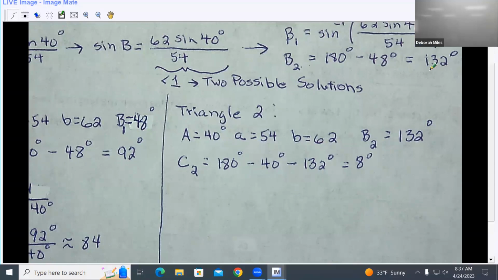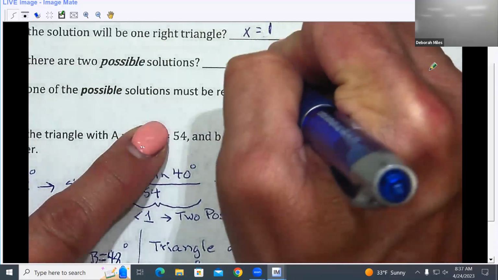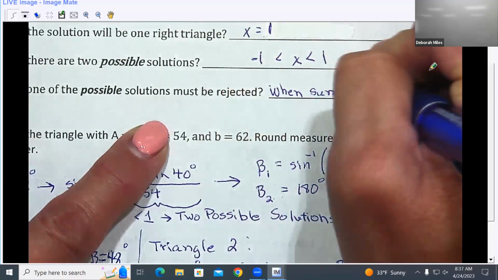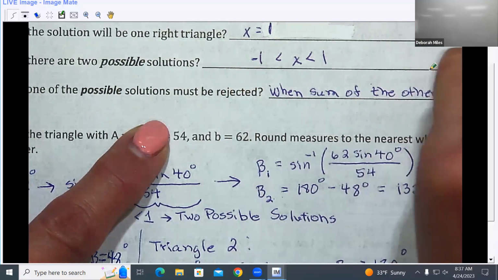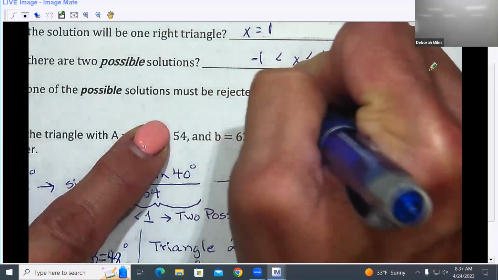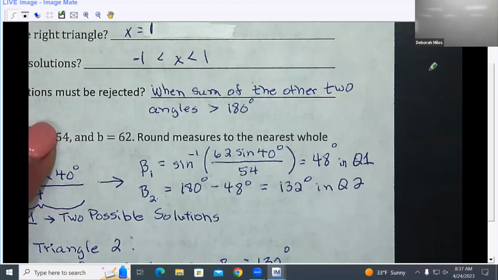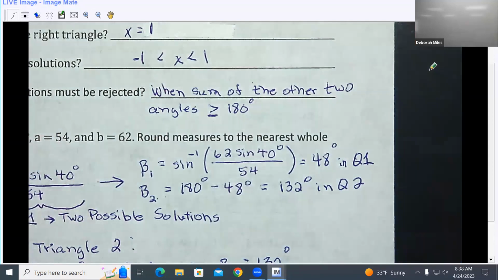So I could answer this question when the sum of the other 2 angles is greater than 180 degrees. If the two angles you know already add up to 180 or more, I guess I could put a greater than or equal to there, then there's no room for a third angle.